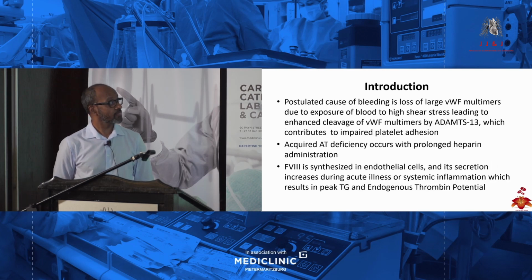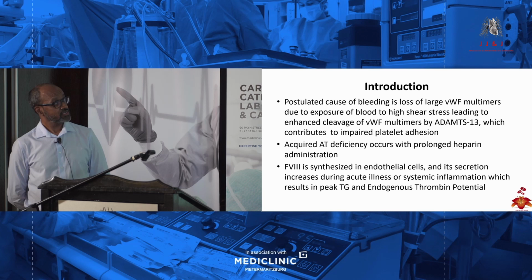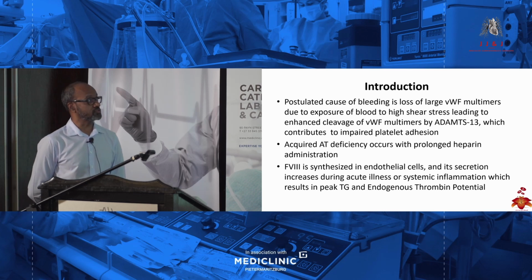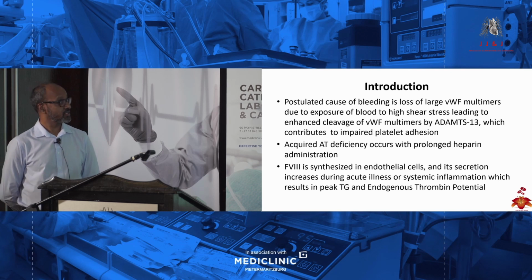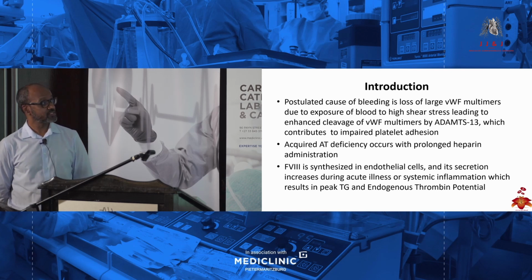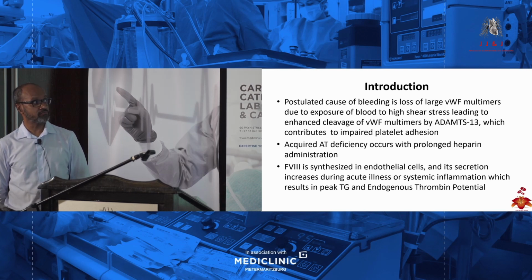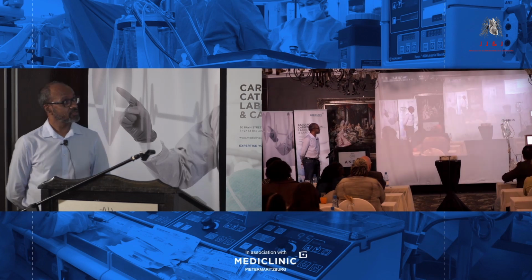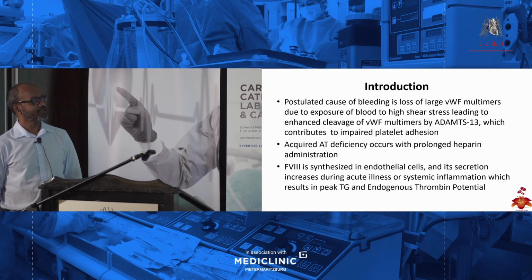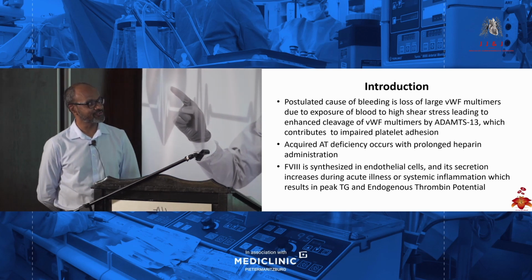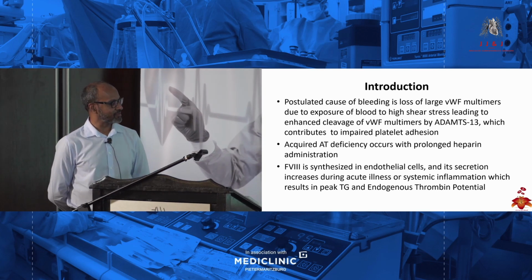So the postulated cause of bleeding is loss of large von Willebrand multimers due to exposure to high shear stresses. This enhances cleavage of von Willebrand multimers by ADAMTS13, which contributes to impaired platelet function. It's similar to TTP. We also get an acquired antithrombin deficiency that occurs with prolonged heparin administration.